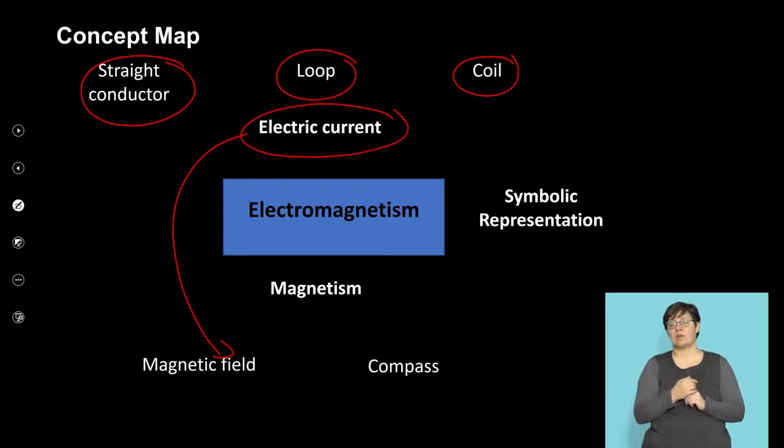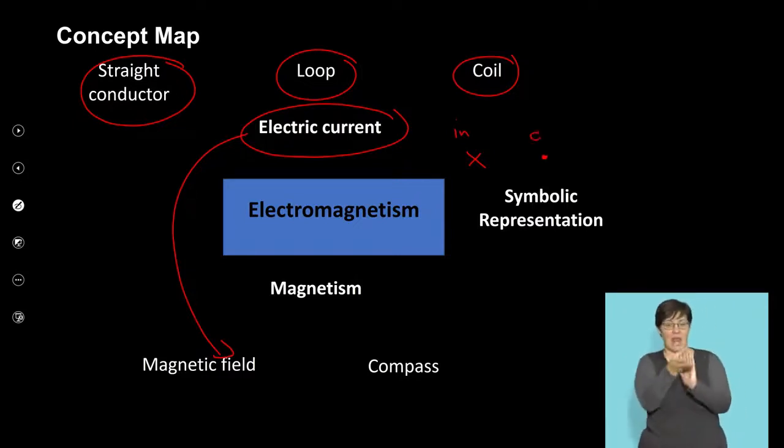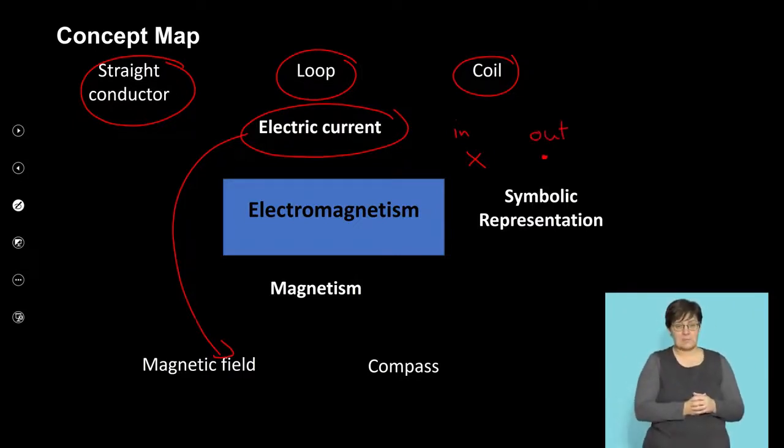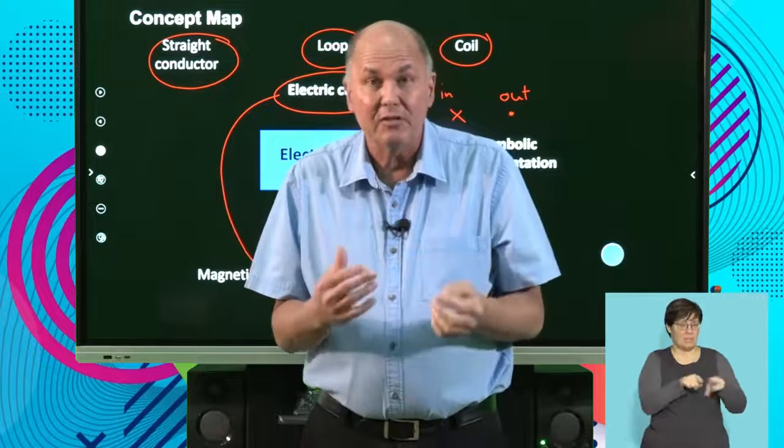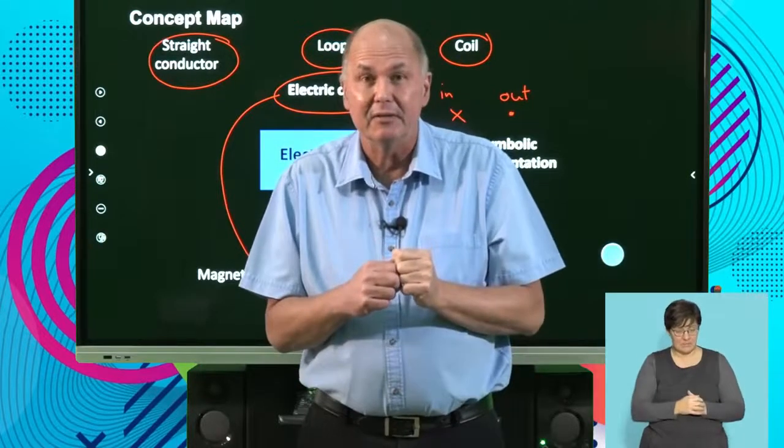If you remember, we represented with a cross to say that was current that is moving into the plane. With a dot, it tells us that current or the magnetic field is moving out. We're going to use the same symbols when we're dealing with motors and generators. So it's important that you revise those.